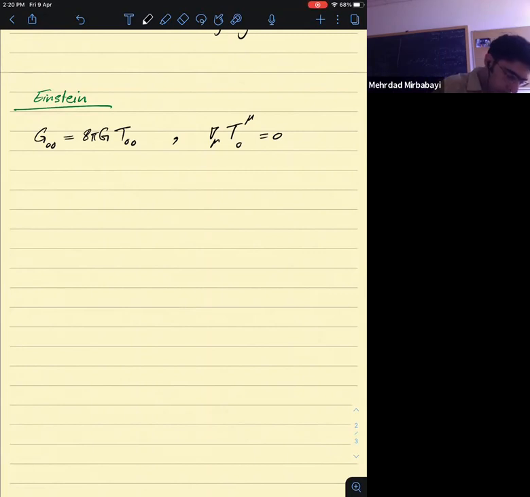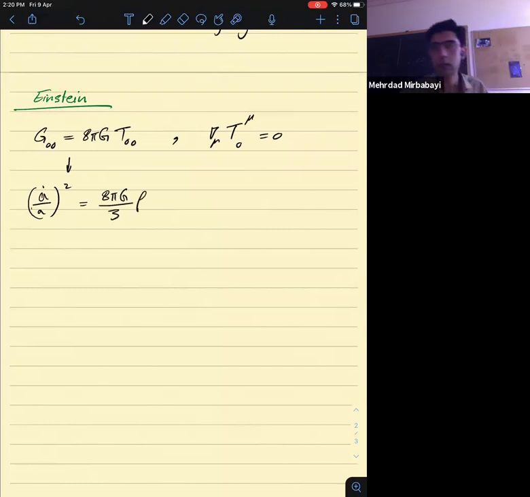So from the 0,0 component of the Einstein equation, we get the following equation: a dot over a, squared, is equal to 8 pi G over 3 times rho. So rho comes from T00, and then there will be a contribution coming from the spatial curvature of the metric that I'll take to the right hand side of the equation.